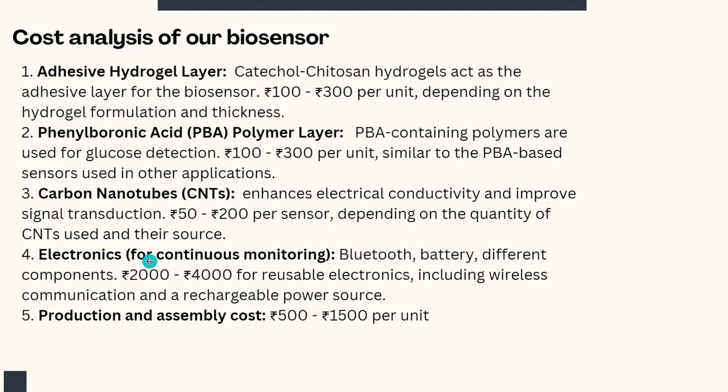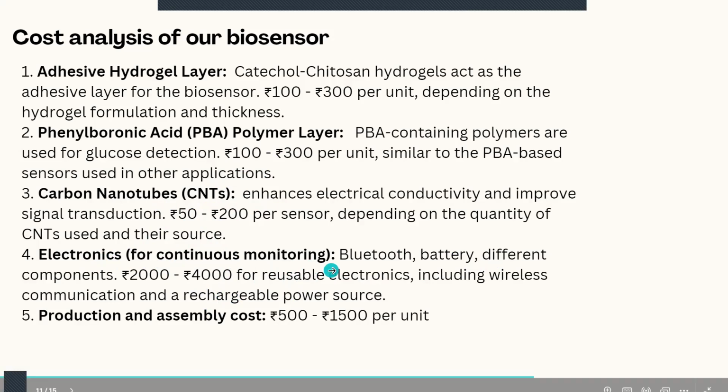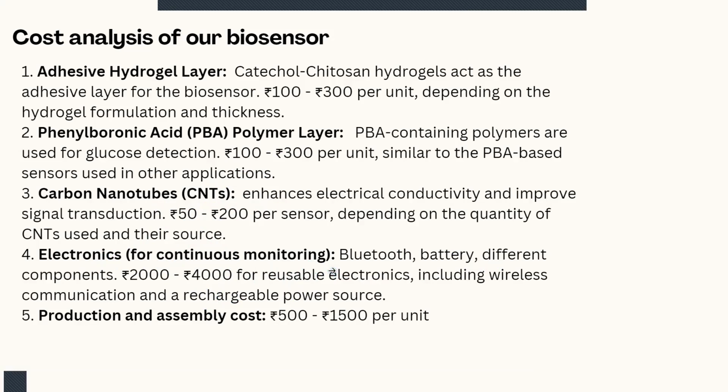These are the corresponding estimated costs. Apart from that, electronics, like general devices, cost around 2 to 4K per device. We are measuring for continuous monitoring, and because of that, this cost might be a bit high.